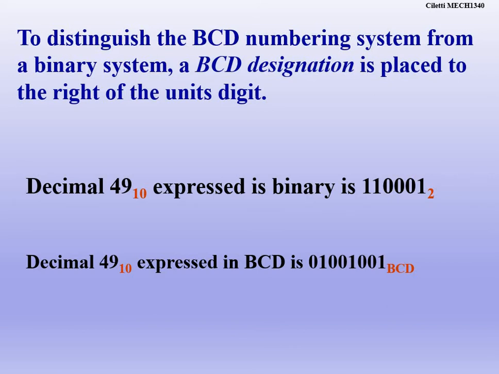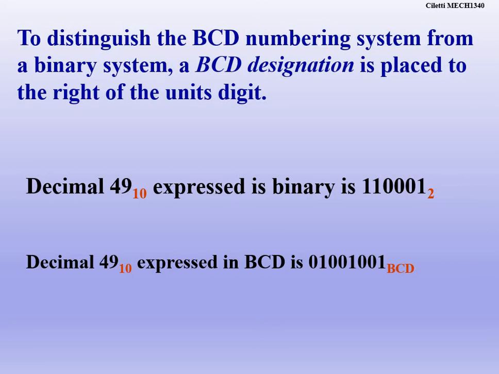Okay, and how do we know? It looks a little bit different, so we have to be able to distinguish between a binary coded decimal and a binary number. Notice, if we took the decimal number 49 and expressed it in binary, we would take 49 and do successive division by 2. If we did that, it came out to be 110001, and that's in binary.